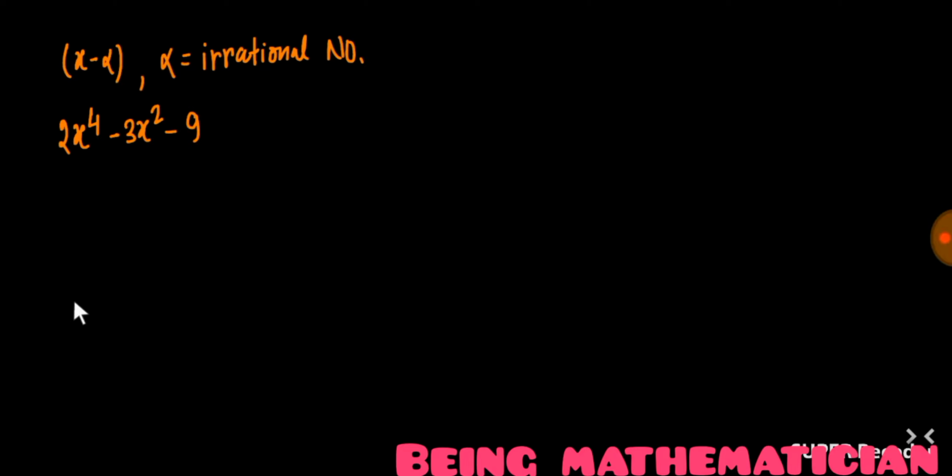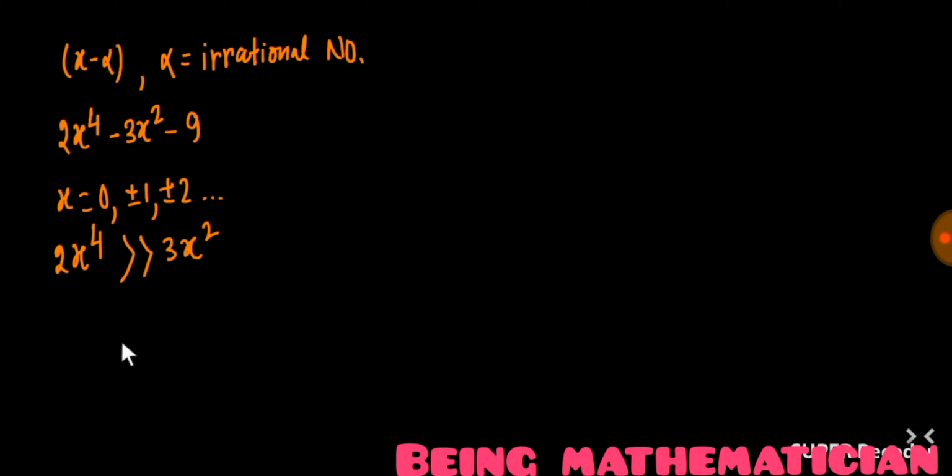Here, if we put x equal to 0, plus minus 1, plus minus 2, and so on, then 2x to the power 4 is each time much greater than 3x square. So the difference of 2x to the power 4 and 3x square will never equal 9.